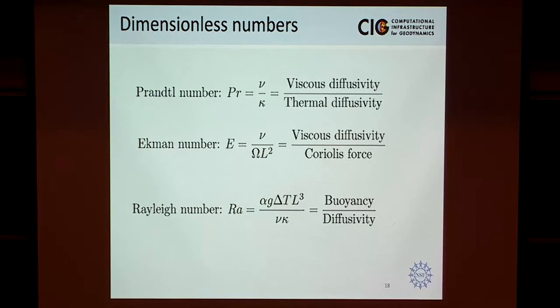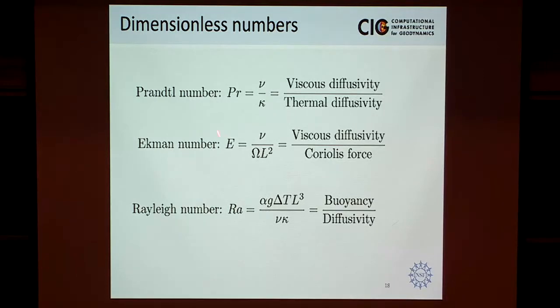Can you remind those of us who don't do this very often what the range of Prandtl, Ekman, and Rayleigh numbers are in Earth's core? It's still far away. For example, the Ekman number would be 10 to the minus 15 for the outer core if we consider molecular diffusivity, and the Rayleigh number would be 10 to the 24 or 25, but probably we are running with order 10 to the 4th, very small.